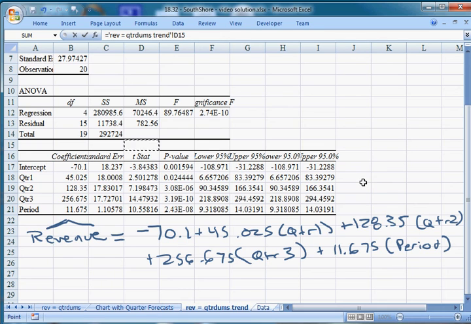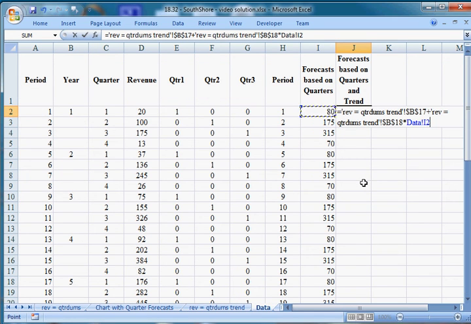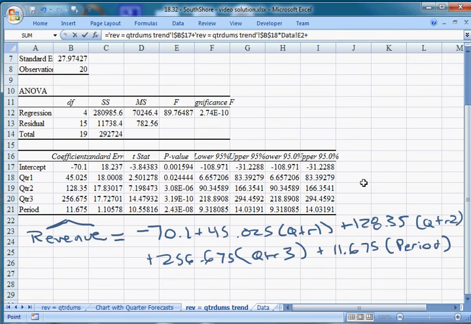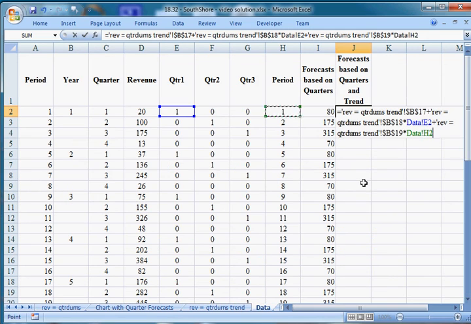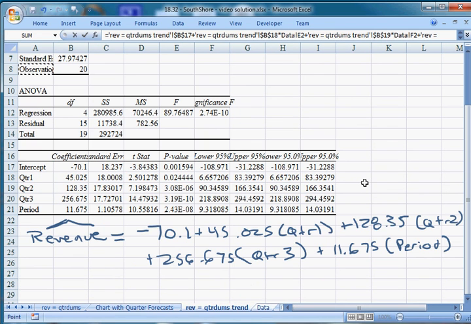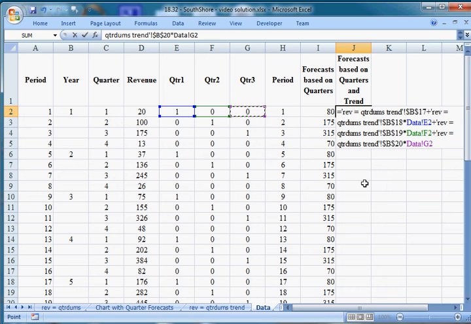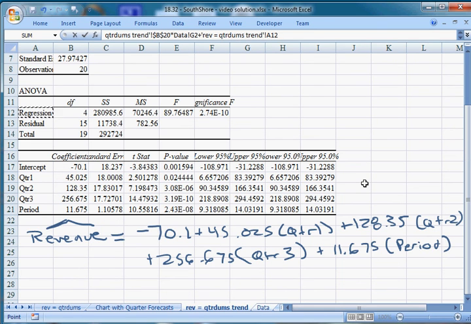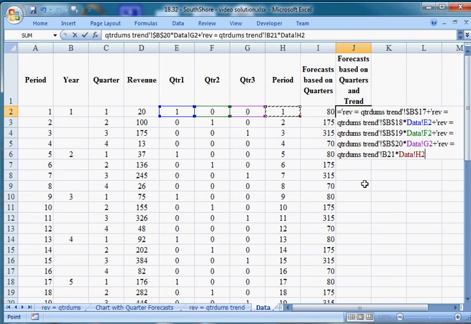We still have the intercept, which is B17, and then we have our quarter 1 coefficient times our quarter 1 dummy, plus our quarter 2 coefficient times our quarter 2 dummy, plus our quarter 3 coefficient, F4 again, keeping these all absolute, times our quarter 3 dummy, plus our period coefficient, 11.675, times our period variable. When we hit, oh, I forgot to make this one absolute.